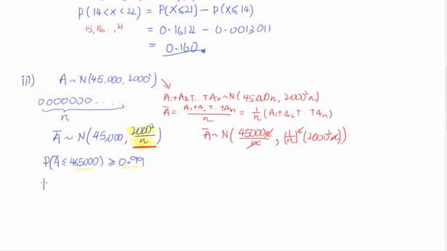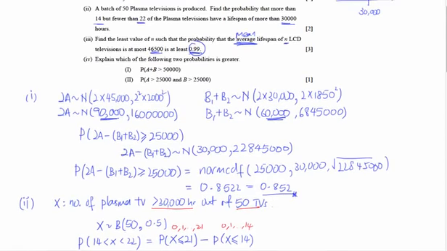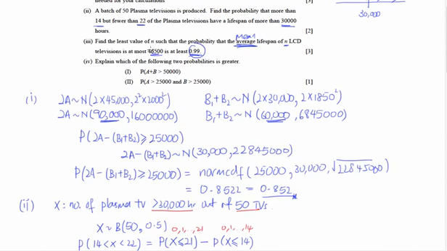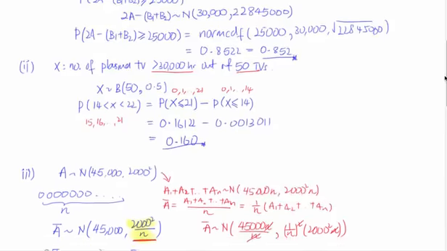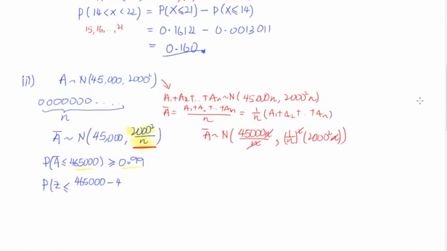So standardizing, this becomes z, and of course this becomes 46,000. Sorry, 450 whatever. Minus away 4. Hold on, this is 465,000. Am I right or no? Oh, I'm so sorry. It's 46,000. One more zero. There you go. 46,000, not 450,000.